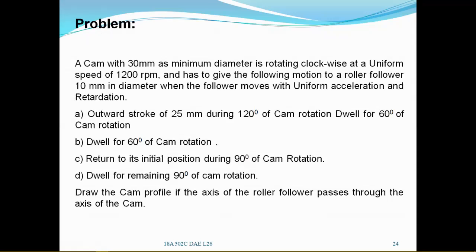Here the type of motion of the follower is given, the roller follower is given, and the minimum diameter is also given. Outstroke of 25 mm during 120 degrees of cam rotation, dwell for 30 degrees of cam rotation, and then return to its initial position during 90 degrees of cam rotation, and dwell for the remaining 90 degrees of cam rotation. Draw the cam profile if the axis of the roller follower passes through the axis of the cam.